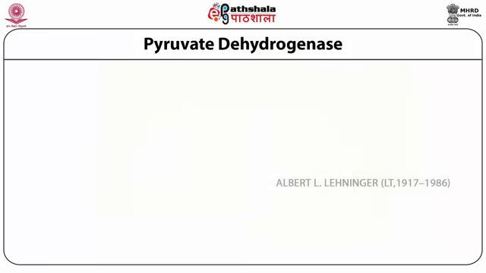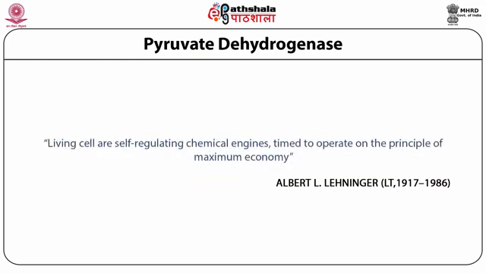We will discuss the stoichiometry of reactions involved in the TCA cycle. Albert Lehninger has rightly stated that living cells are self-regulating chemical engines timed to operate on the principle of maximum economy.